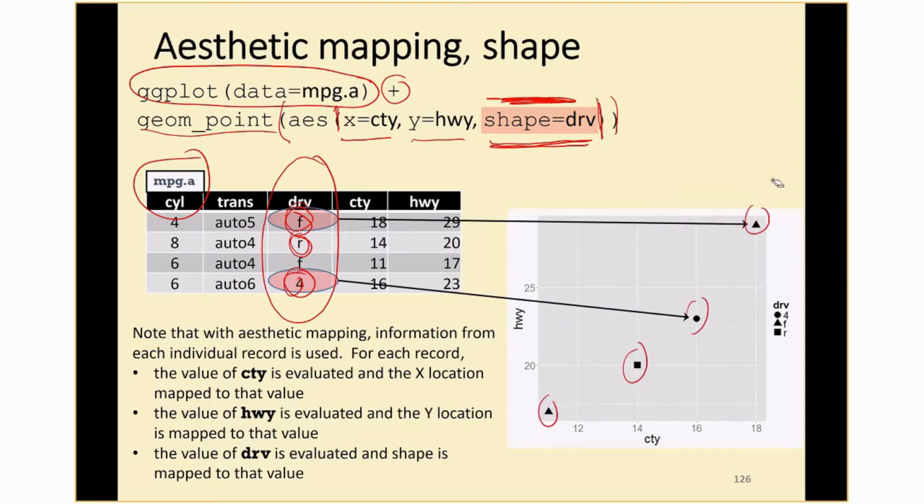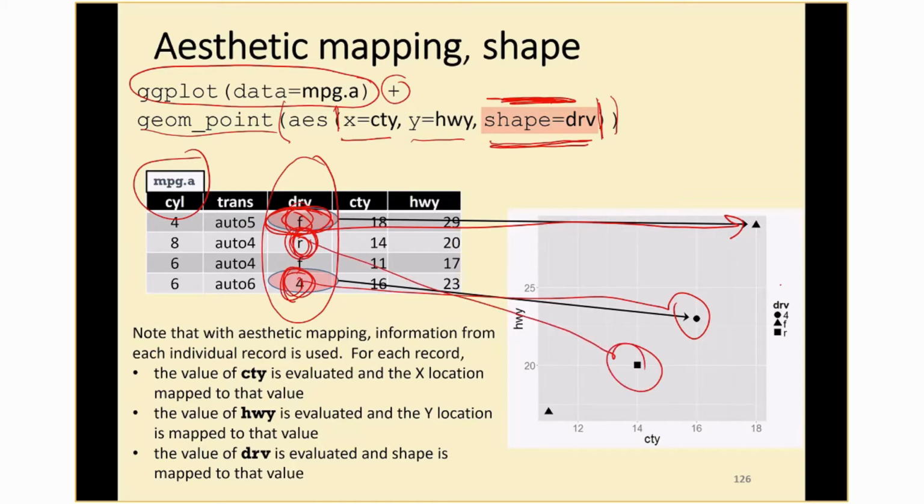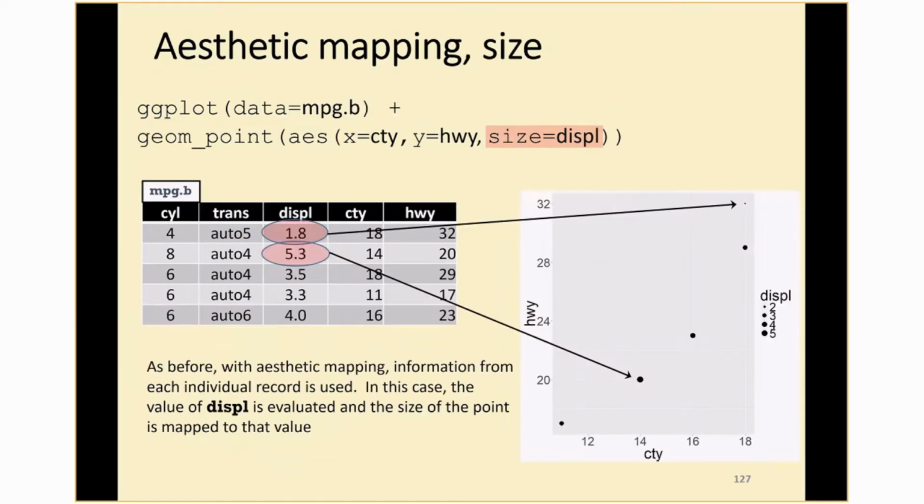In this particular case, the front wheel drives, we get triangles, the four-wheel drives, we get circles, the rear wheel drives, we get squares, and I'll get a nice little legend telling me how that aesthetic mapping is operating.